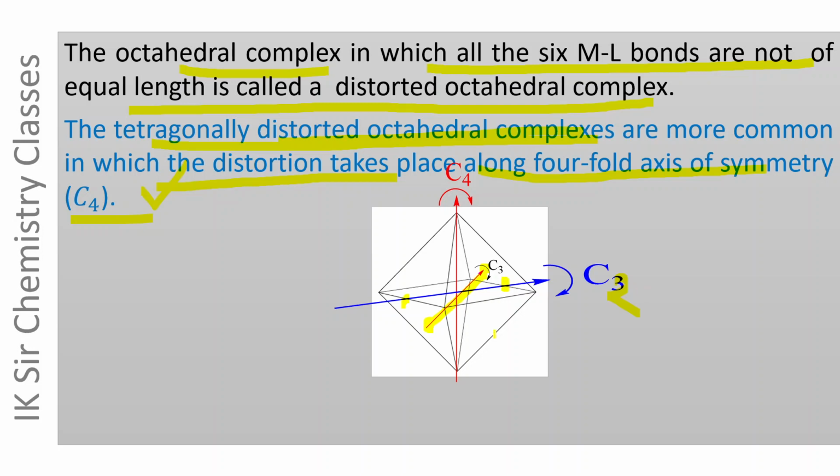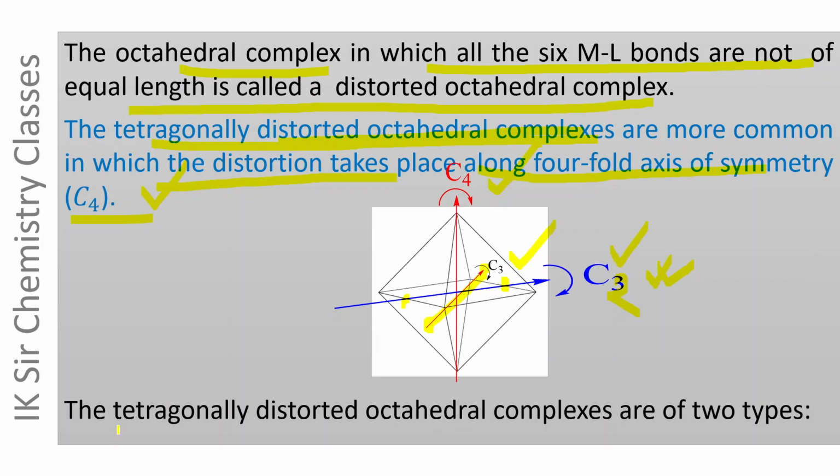It is the twofold axis of symmetry, and if the distortion in an octahedral complex takes place along the twofold axis of symmetry, it is called diagonal distortion. Diagonal distortion, trigonal distortion and tetragonal distortion. Out of these three types of distortions in octahedral complexes, tetragonal distortion is the most important one.